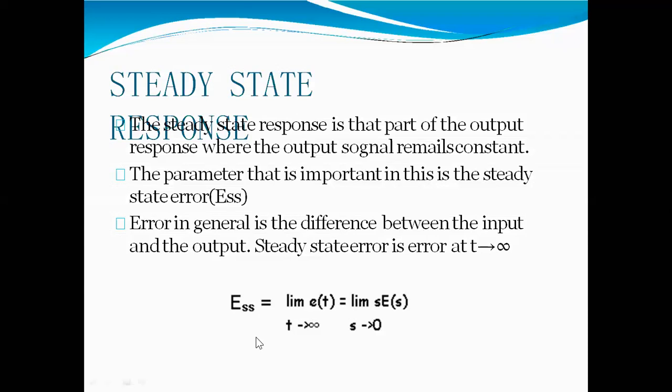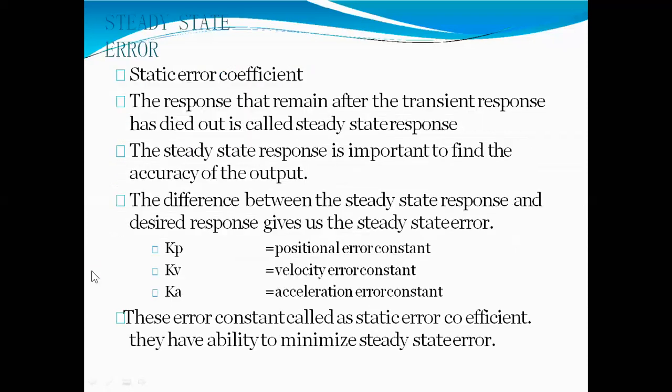So you can see the formula here that ESS is equal to limit t tends to infinity E of t, which is equal to limit s tends to 0 in the Laplace domain, s multiplied by E of s.